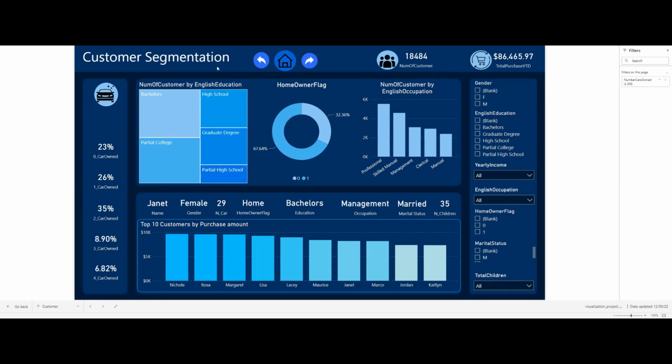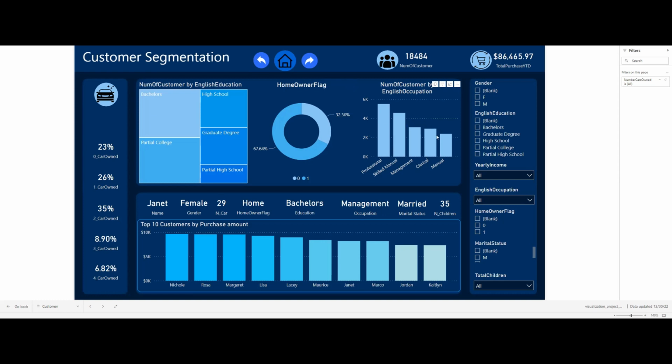I think it's good to know whether a customer has a car, since a car indicates their finances. So it's important, like zero cars owned by 23%, and one, two, three, and four, and by their education, like bachelor degree, high school, graduate degree, and so on. And also, there are customers that don't have a home, 32%.